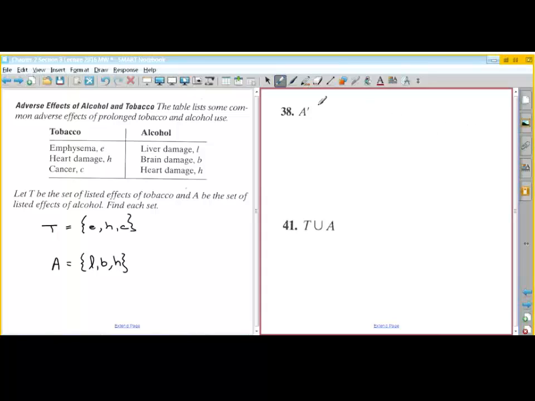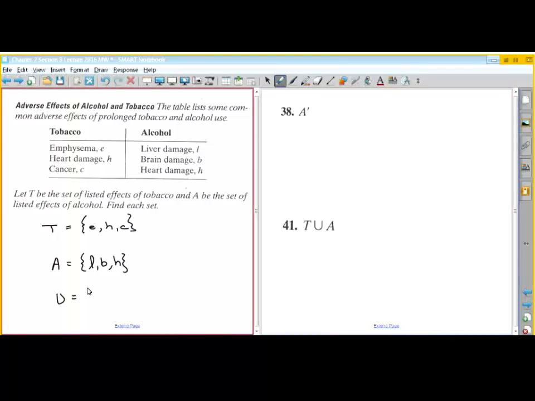So when you have a complement, you need to know what the universal set is, because the complement is the elements that are in the universal set but not in the given set. So we need to list what is in the universal set. Well, in this case, the universal set just consists of all of the possible symptoms that we have here.